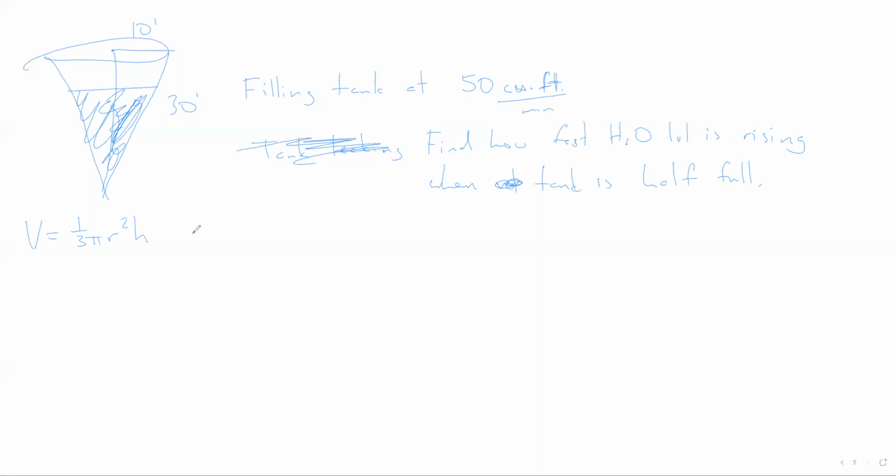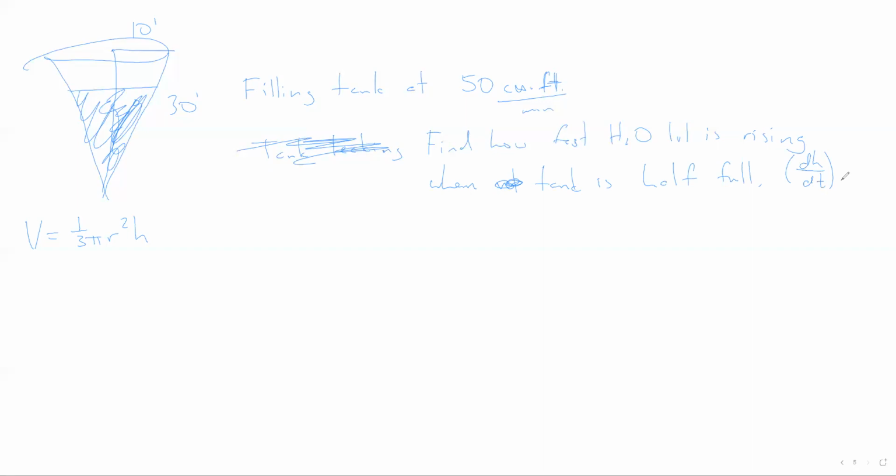So what is a good name for that quantity? dh/dt makes sense. I'm not going to write them down, but let's talk about the variables. We've got H, the water level, V, the volume of the water, and R, the radius of the top surface of the water. So we've got a good equation for that.